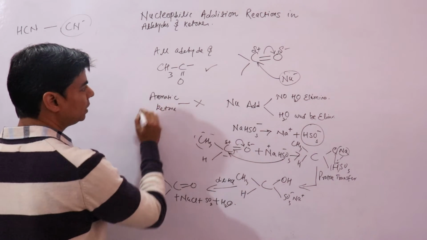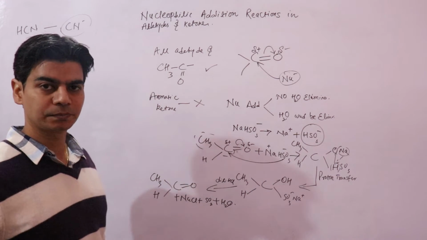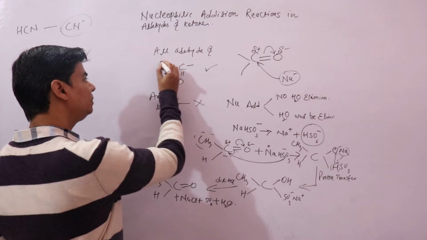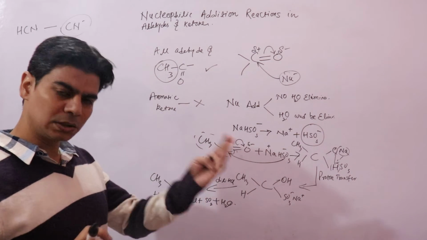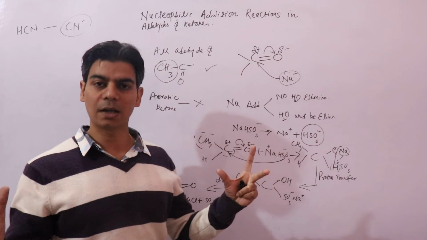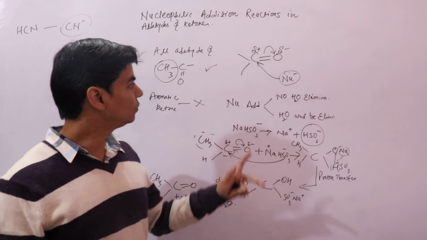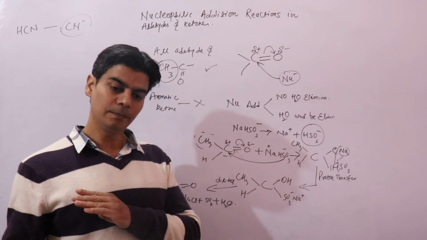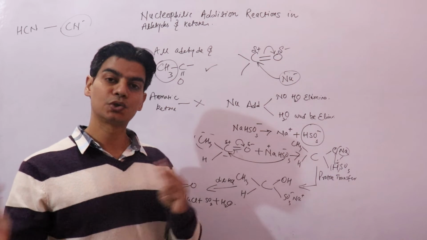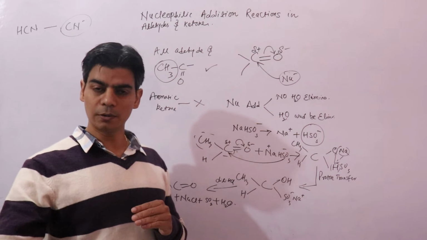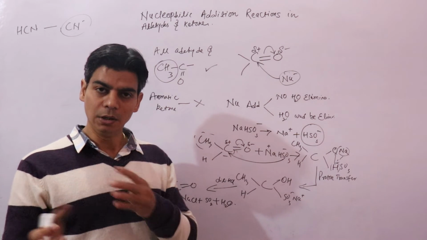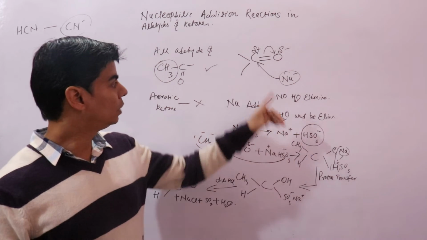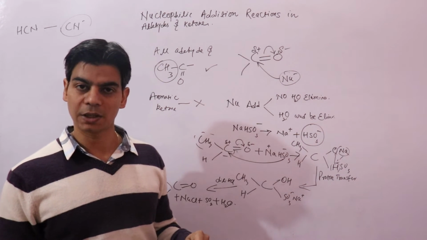Why? Possibly because of steric hindrance. Here also, why only methyl ketones? Because we know the methyl group is a smaller group. If we take other ketones that have bigger alkyl groups, then the reaction would be difficult, because they will hinder or try to stop the approach of your nucleophile. Due to bigger alkyl groups you have more traffic, so it is difficult for the nucleophile to approach this carbonyl carbon in order to attack.